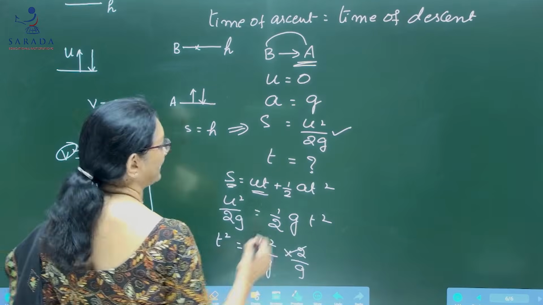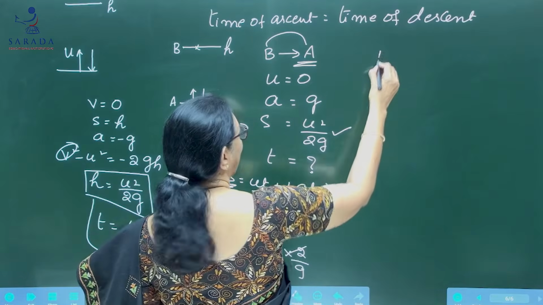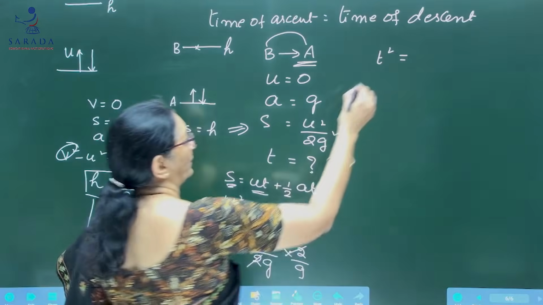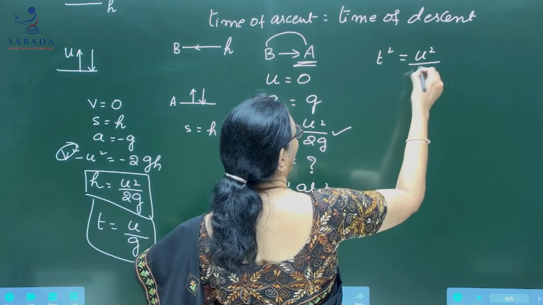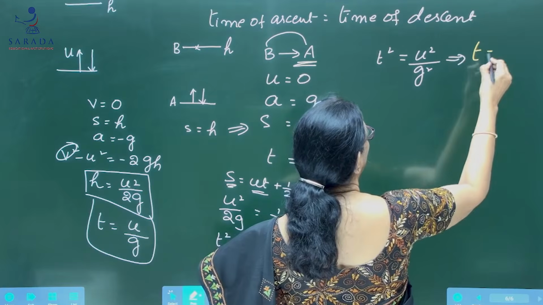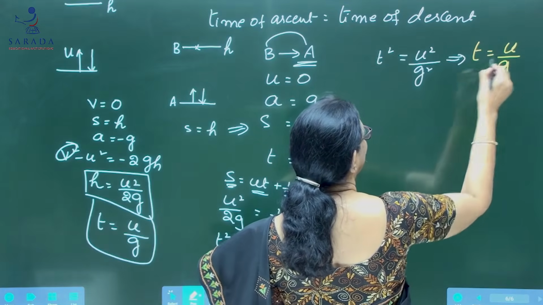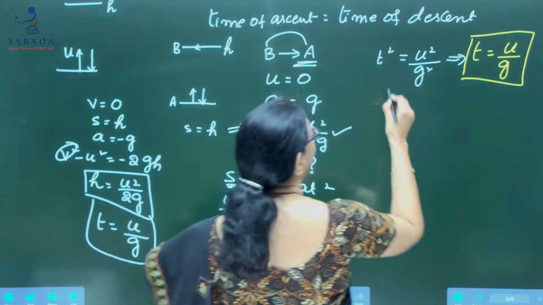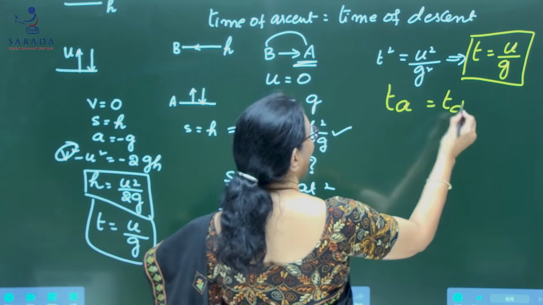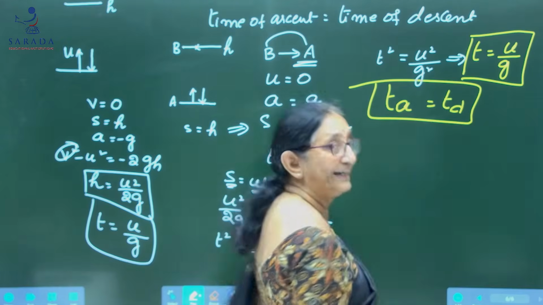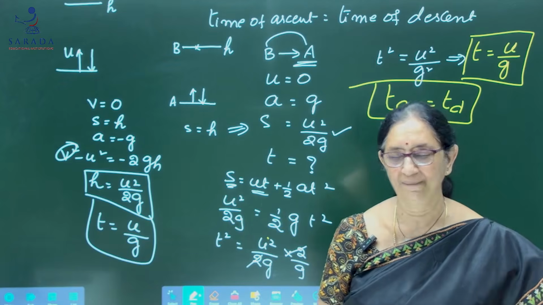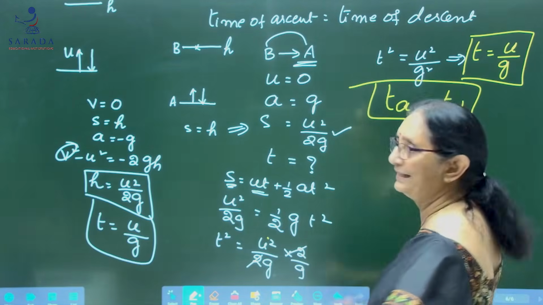This and this get cancelled, implies t square is equal to u square by g square, so t is equal to u by g. This is the time of descent. So time of ascent and time of descent are equal in case of a vertically projected body, that is equal to u by g.